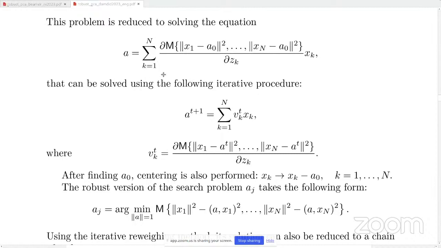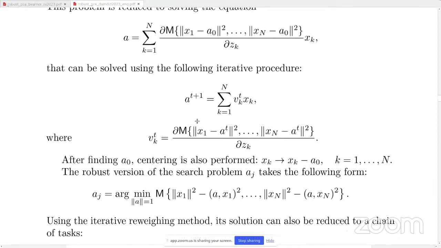This problem can be reduced to solving a nonlinear equation that can be solved using an iterative algorithm. At each step we calculate a weighted sum of the points. The weights are equal to the partial derivatives of the squared distances from the center estimated at step t to the points.